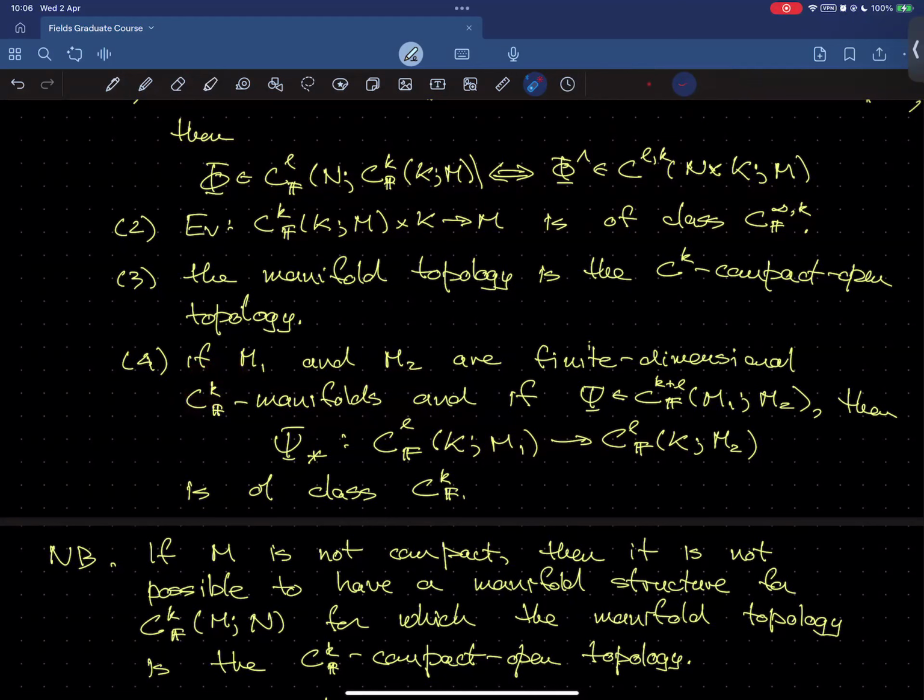If I have a mapping from M1 to M2, then I have this induced mapping from C^L(M, M1). So this now has a manifold structure, because that's what I'm describing in my statement, and the statement is that this mapping is of class C^K.